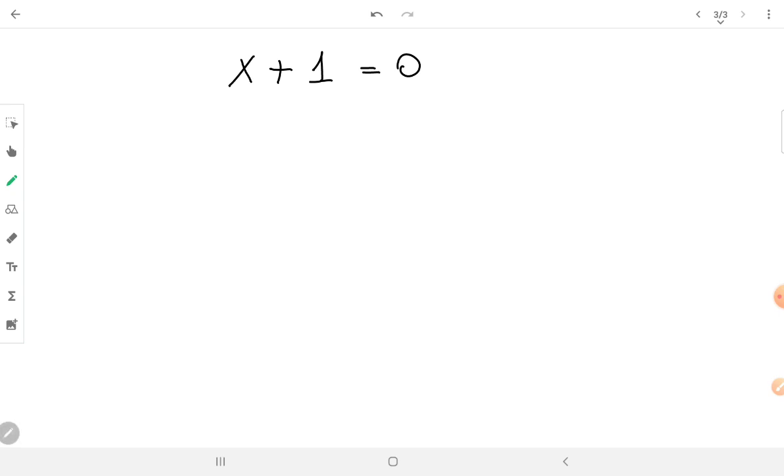In the first member we have the number 1 added. It passes to the second member, subtracted, and we obtain x equal to minus 1.